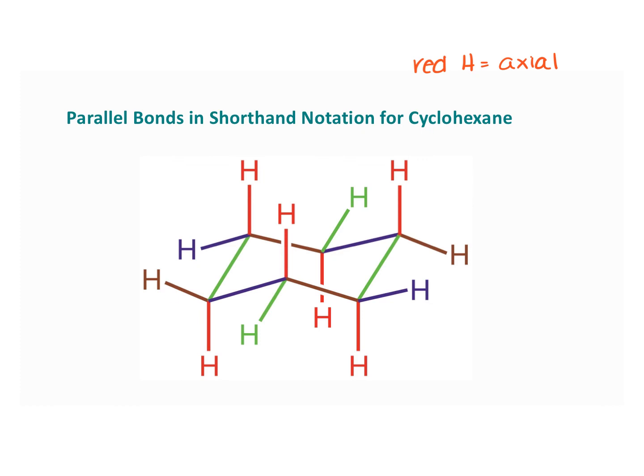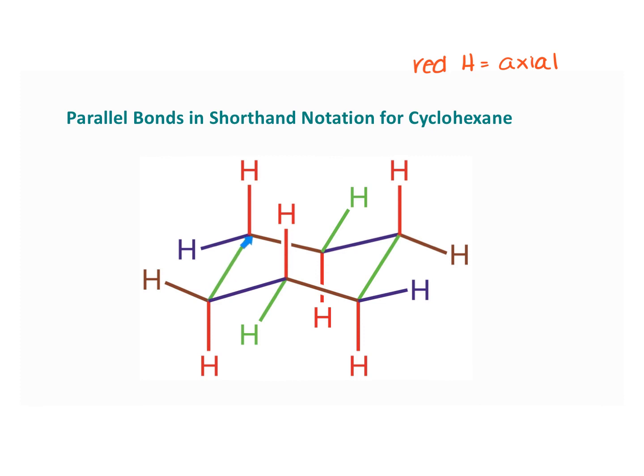So notice, this guy and this guy, those are the brown that we're talking about. And we're saying, look, this right here is parallel to this carbon-hydrogen bond. Right here, parallel. This right here is parallel here. So both of these are parallel. Notice this carbon-hydrogen bond in green is parallel to this carbon-carbon bond in green.